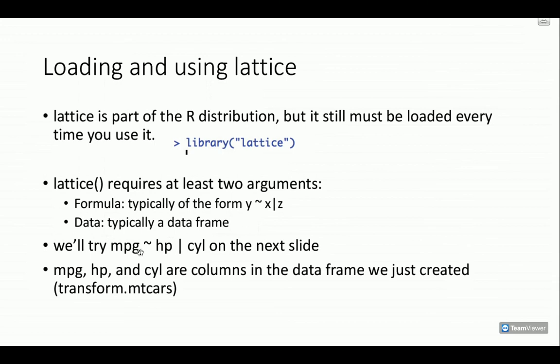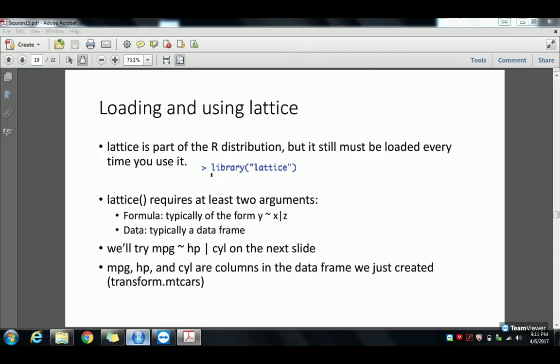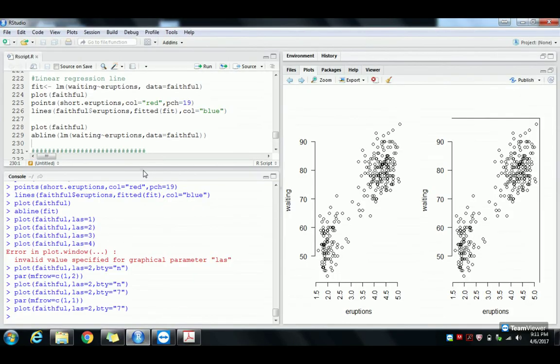One example is having MPG on the y-axis, horsepower on the x-axis, and seeing the relationship between MPG and horsepower for different cylinders. Let's look at that example to understand the lattice package more clearly.